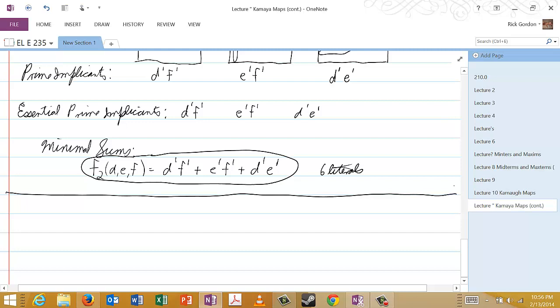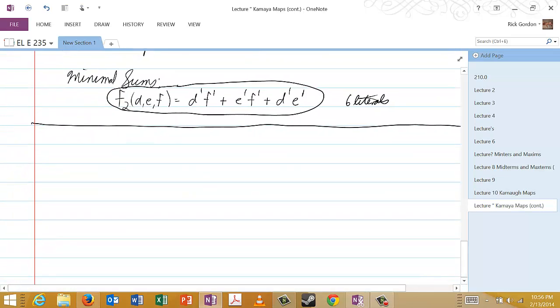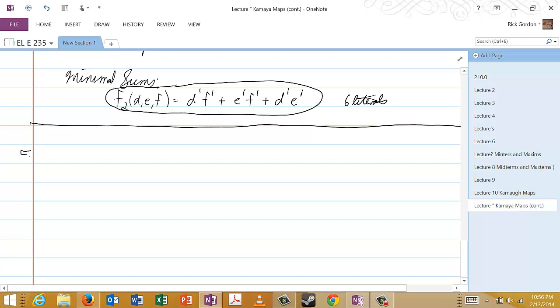Let's have one more example in this lecture. We'll go back to one we were going to do earlier, which is 5.3b, c.